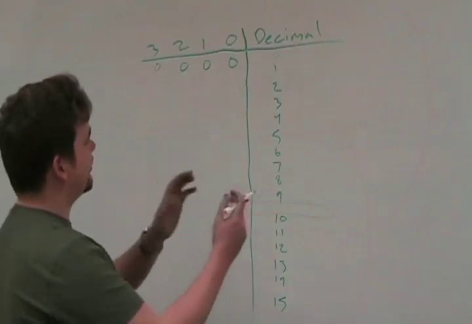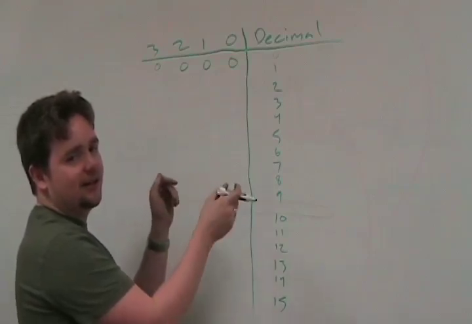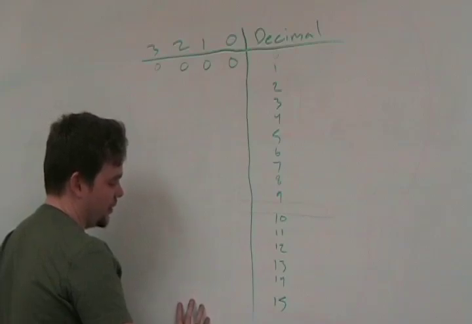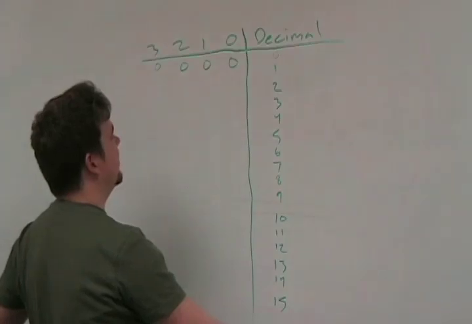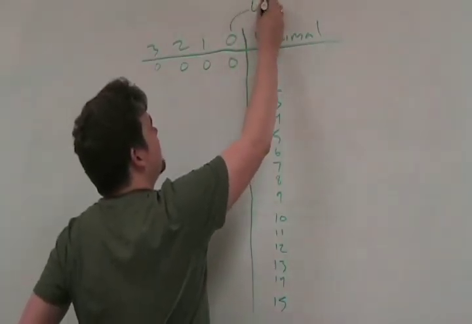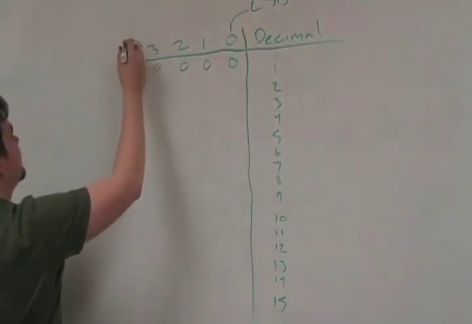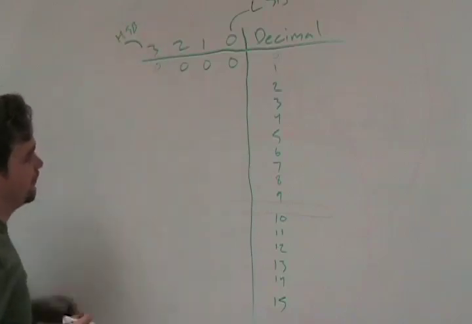Now it's counted from left to right, as opposed to from right to left, like a normal number. So as you can see, I'm going to write down the binary equivalents to the decimal numbers on the right. This number is the least significant bit, the LSB, whereas this one is the most significant bit, the MSB.